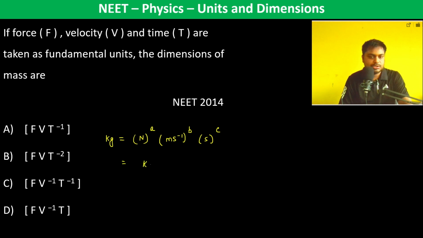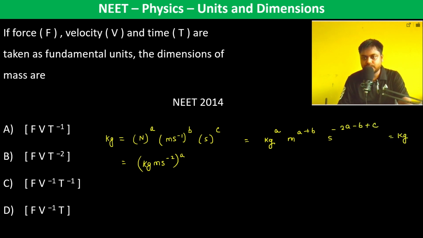So this is kg m s minus 2 to the power a, and all of them, they are intact. So now we accumulate all of them. So kg to the power a, meter to the power a plus b, and second minus 2a minus b plus c. So this is equal to kg.